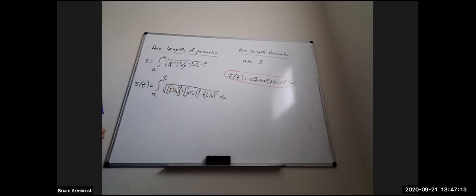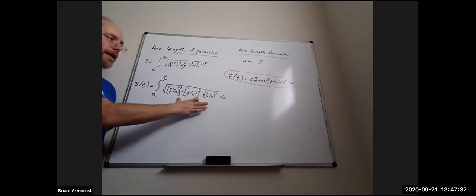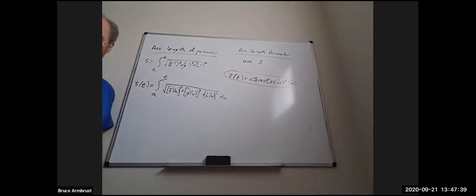Oh yeah, go ahead. Are we going to get out constants or vectors? This is going to end up being a function of t, and this is just going to be a scalar number, because what we're finding is a distance traveled. It's a distance traveled as we're following along a vector valued function.